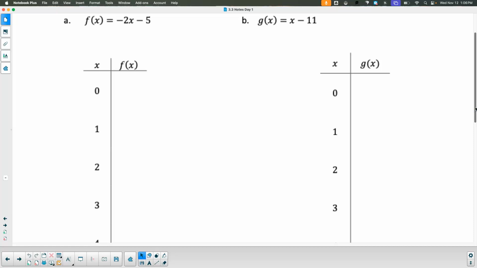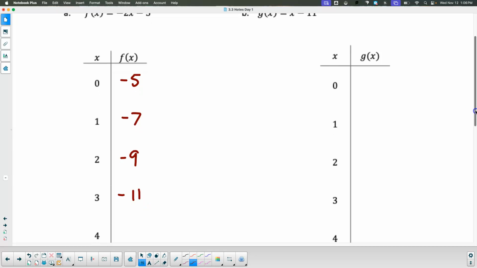So in that first warm up, the f of x value, if I plug in 0, would be -5. If I plug in 1, it would be -7. 2, -9. 3 would be -11. And 4 would be -13.